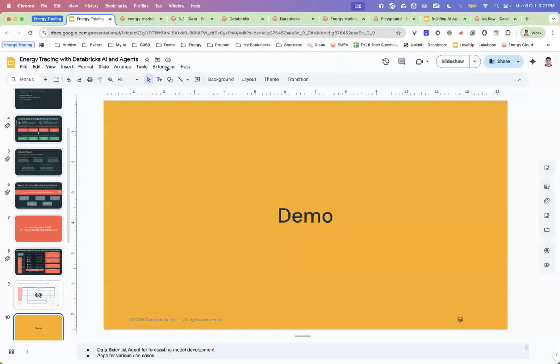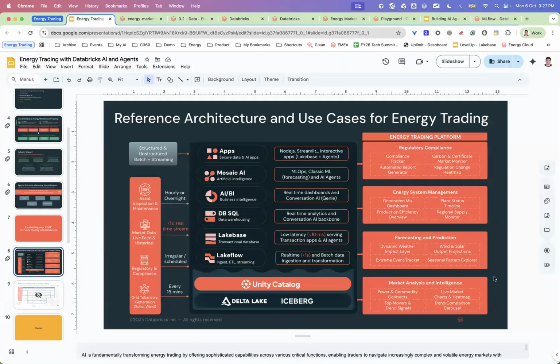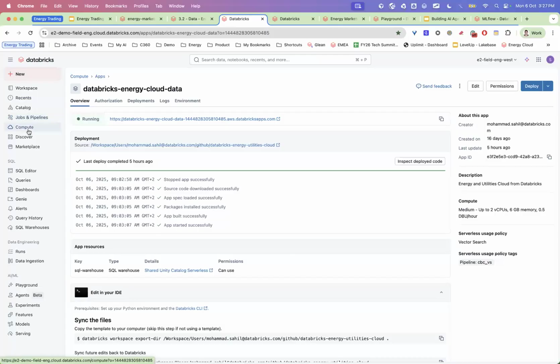Now, as we saw, going back here, you ingest the data at different frequencies, you have the data ready for serving, and you build all these solutions. So the app layer would be the primary way for you to build solutions and expose them to the traders. We released apps last year.